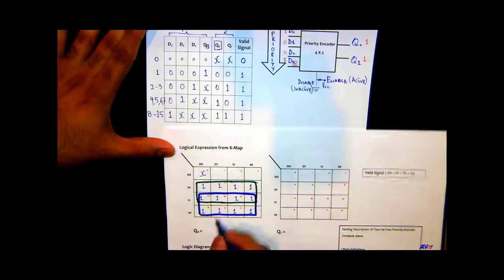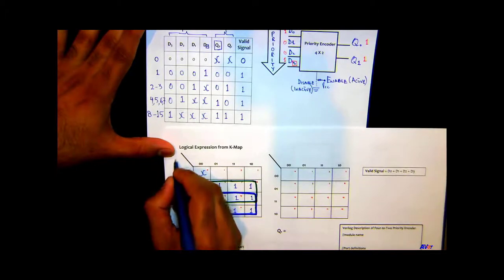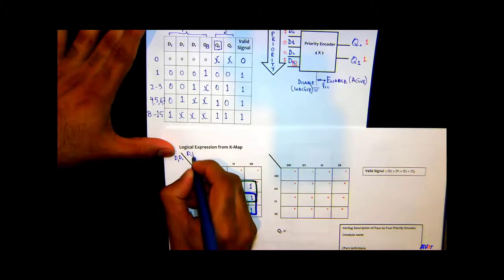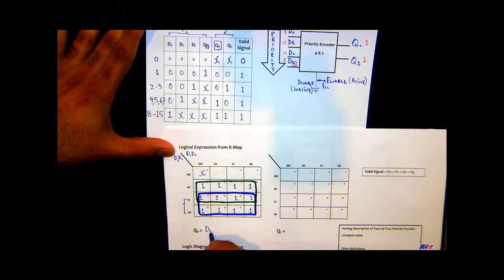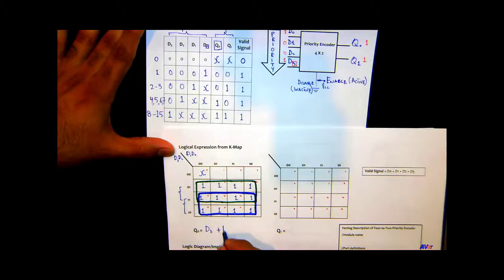So my expression for the blue rectangle would be, we have D3, D2 here, and D1 and D0 here. So the common here is D3, plus, and if you look at this green rectangle right here, the common is D2.